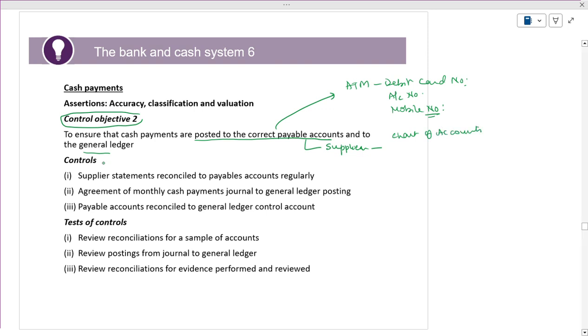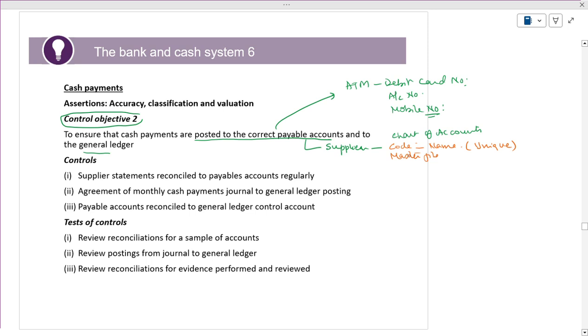The moment you are talking about the supplier, first and foremost in the master file you have to give the code and the name to the supplier. Automatically, like the account number, debit card number, mobile number, it is going to be very, very unique. That is what we are talking about.